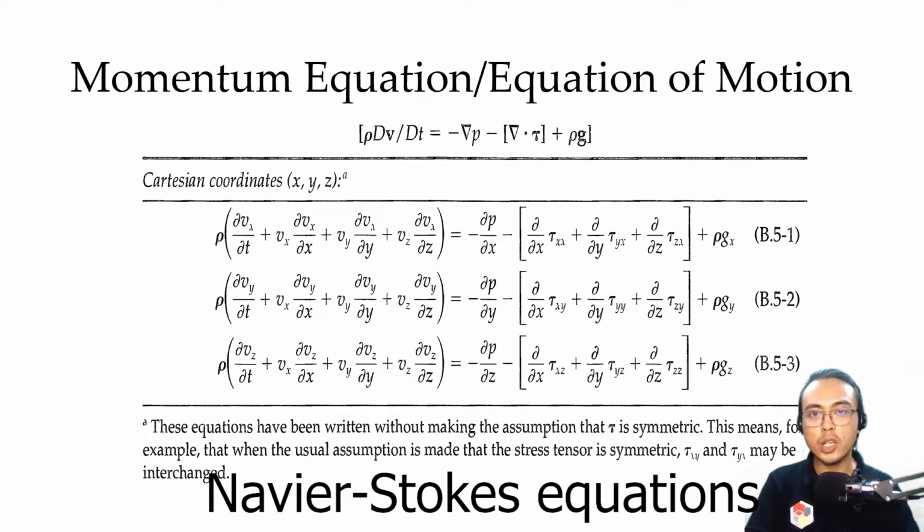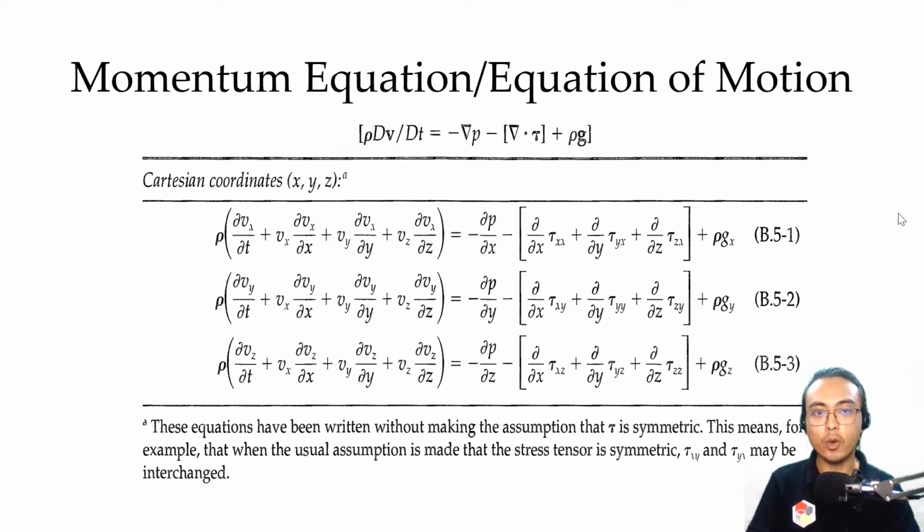The Navier-Stokes equations exist in the three main coordinate systems: the Cartesian, cylindrical, and spherical coordinate systems. I will be teaching you some techniques on how we can simplify these equations for certain systems. We are mainly using the Cartesian coordinate system if a fluid is flowing through a plate or falling down a wall.